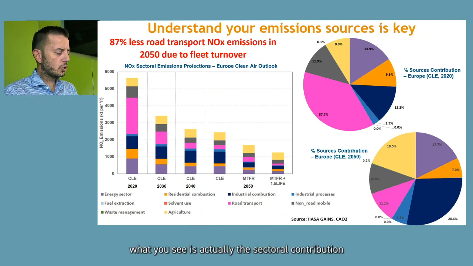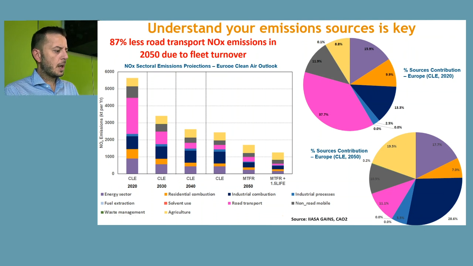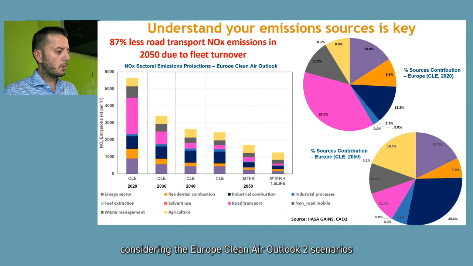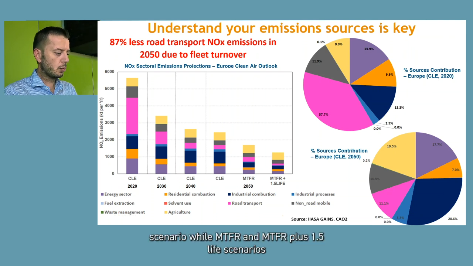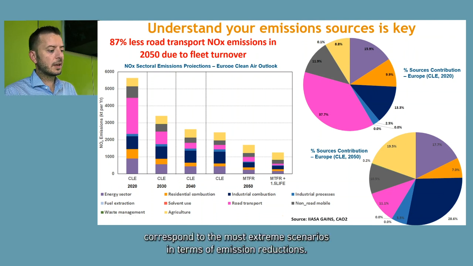On the left, what you see is the sectoral contribution of NOx emissions over the years, considering the Europe Clean Air Outlook 2 scenarios as they have been used by the Commission. With CLE, we refer to the current emission legislation scenario, while the MTFR and MTFR plus 1.5 life scenarios correspond to the most extreme scenarios in terms of emission reductions.